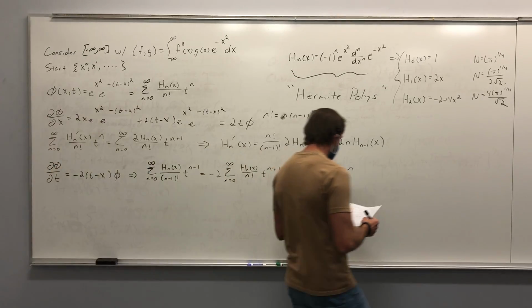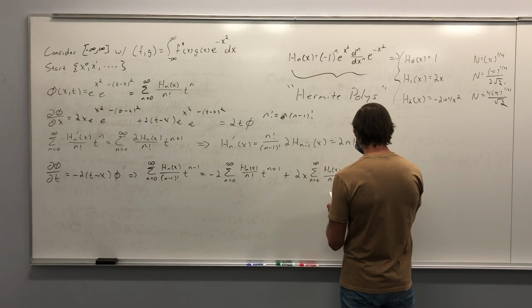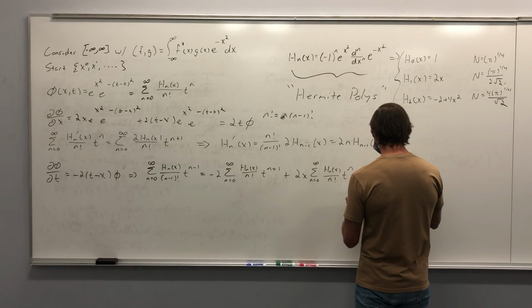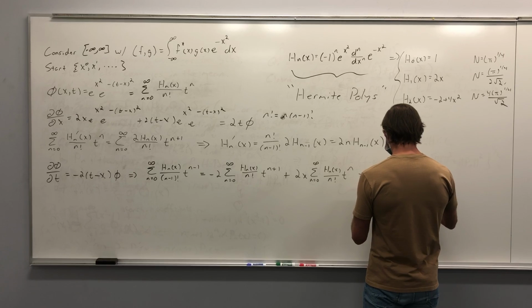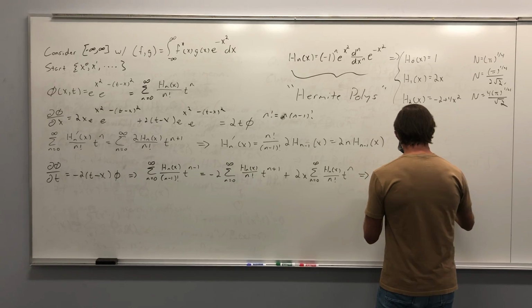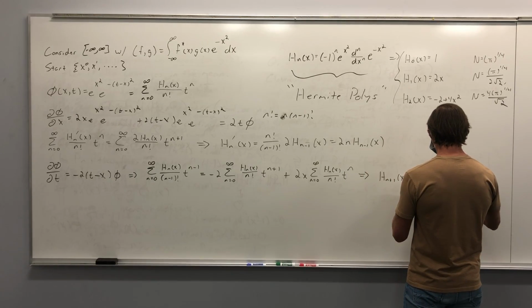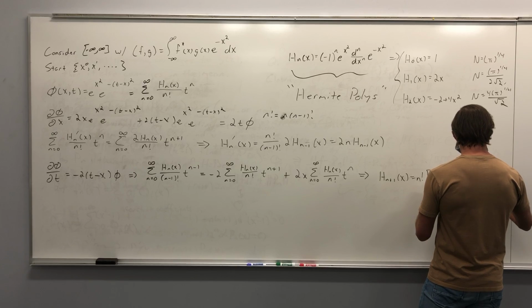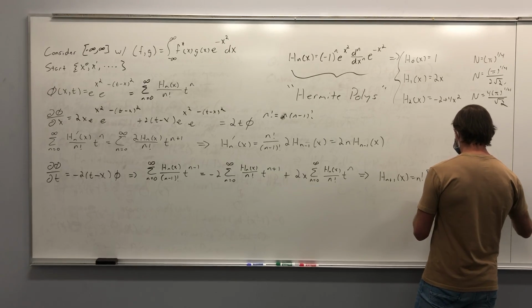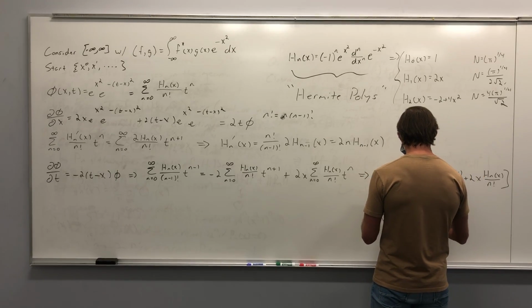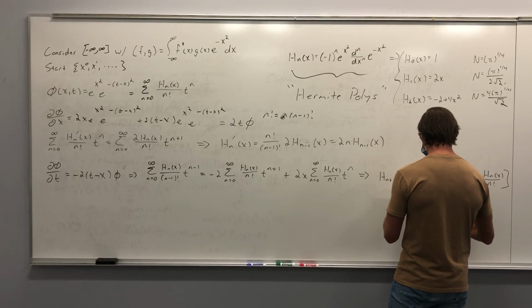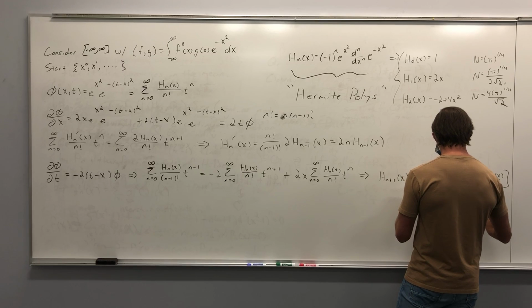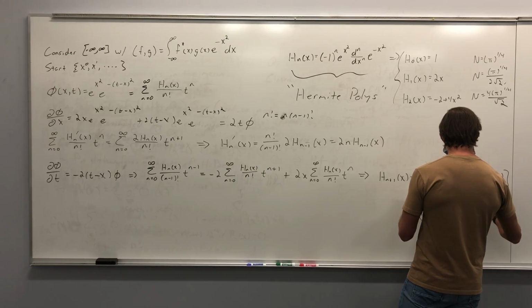Similarly, from here, we get an expression equating the powers of t, which gives you 2n hn minus 1 of x plus 2x hn of x.